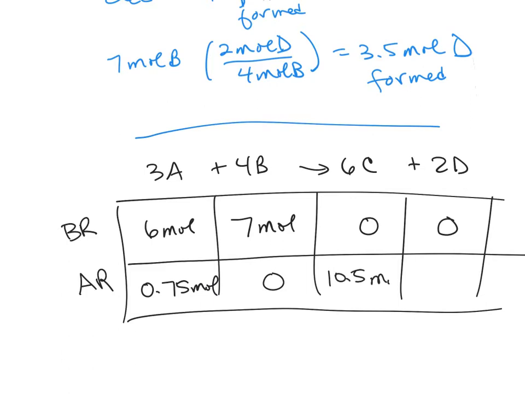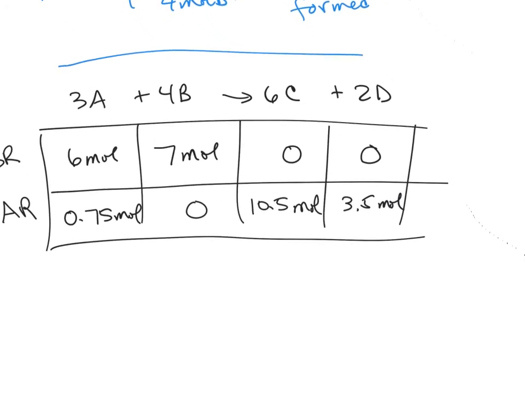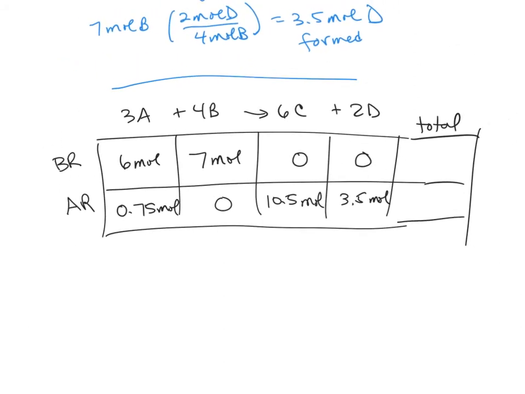10.5 moles of C are formed, and then 3.5 moles of D, we just calculated that part, are formed. You can try adding these up just to make an observation here. Before the reaction, you have a total of 13 moles. After the reaction, you have 14.75 moles.